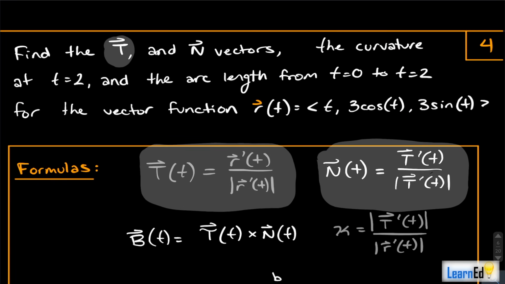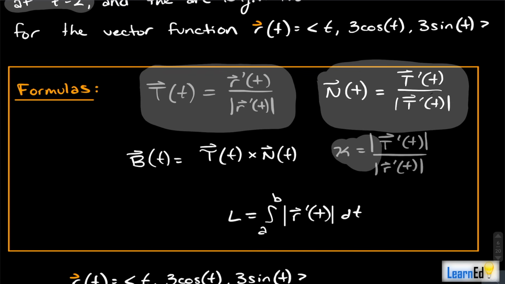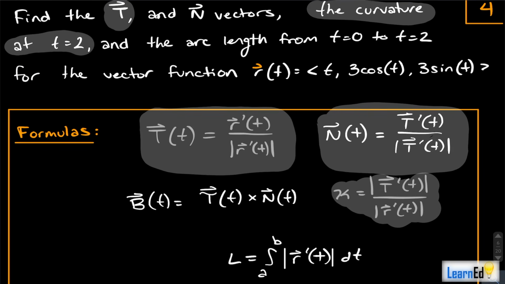Now we just got to move on to curvature, and we also have to find the arc length and the curvature. The first thing we're going to find is the curvature at t equals 2. The equation for the curvature is the magnitude of T prime of t over the magnitude of r prime of t.